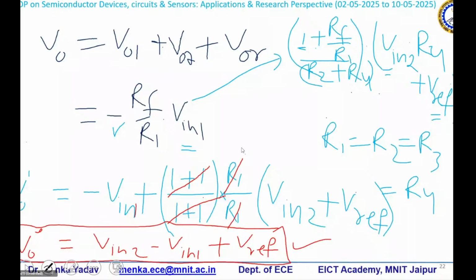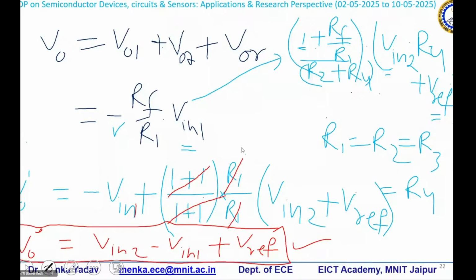You can see over here that this is going to give you the difference between Vin 2 minus Vin 1, plus V reference. This V reference we can use to shift the output. It's up to us. If we want to give some DC shift, then that can be given as V reference. Otherwise, the Vin 2 and Vin 1 difference will be the output.